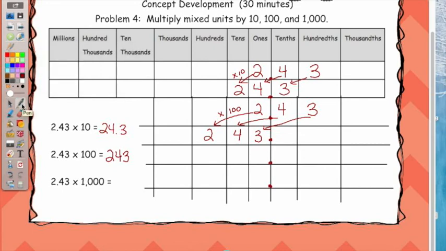Okay. So 2 and 43 hundredths times 1,000. How many place values am I moving this time? 3. Okay. So my 2 will go 3 places. Times 1,000.